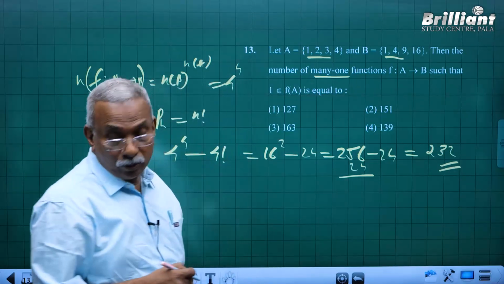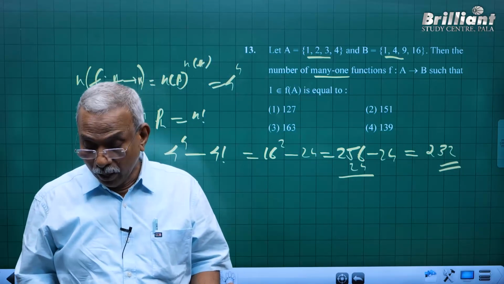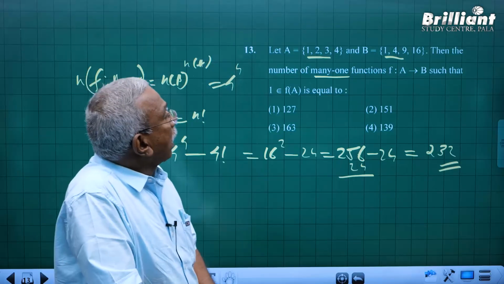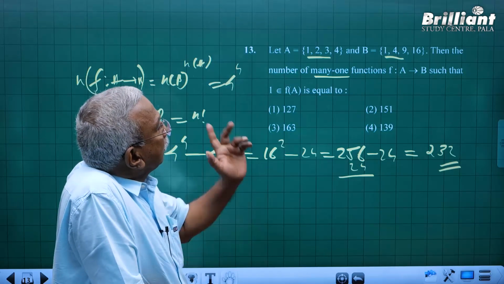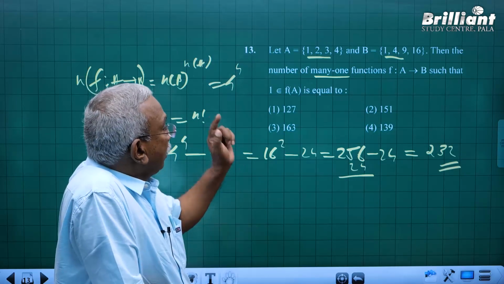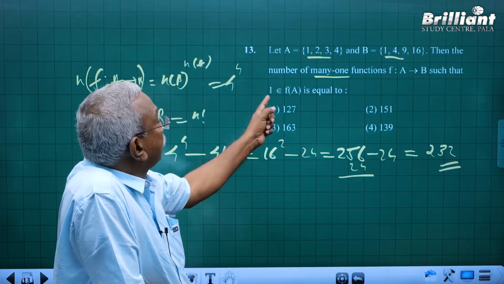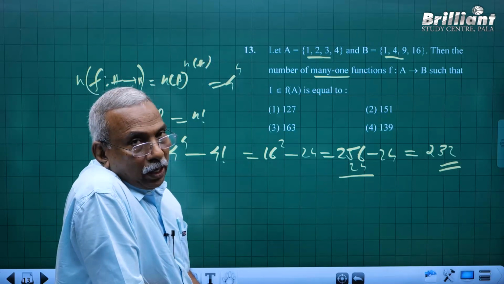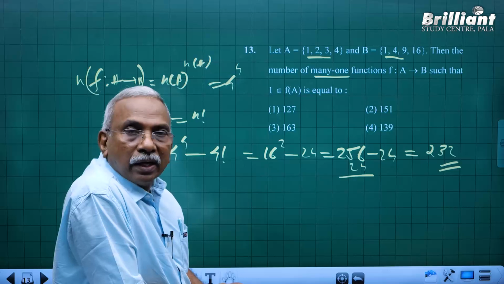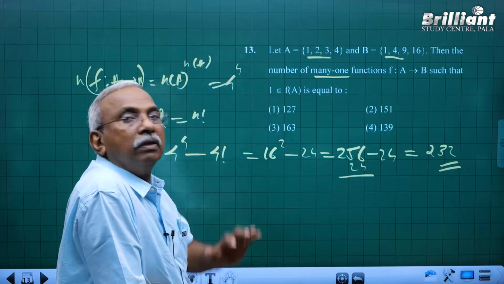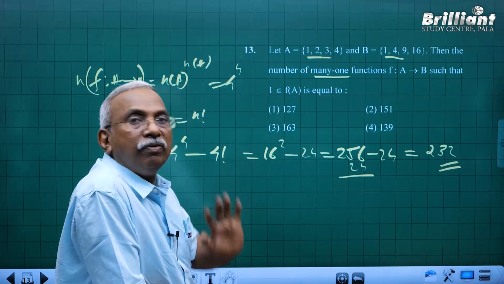There are 232 such onto functions. But the problem says that 232 should involve 1. So we can search how many such functions are there without the number 1. That can be removed from it, and will give the answer.